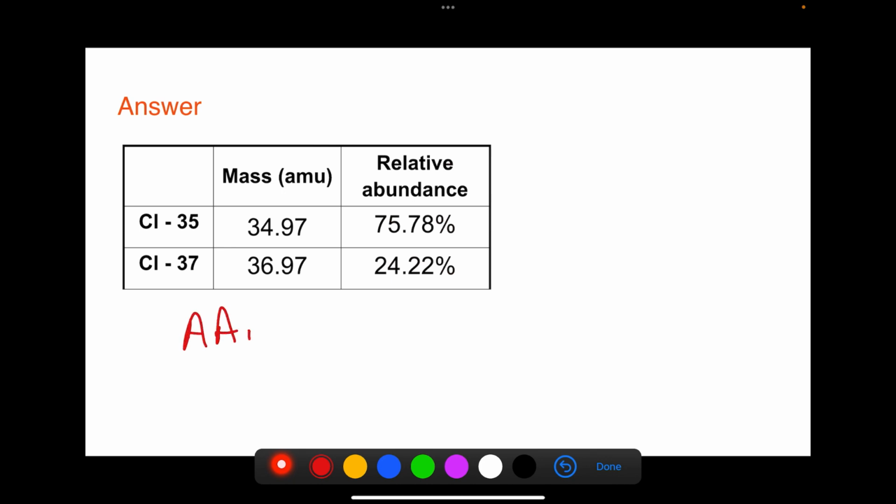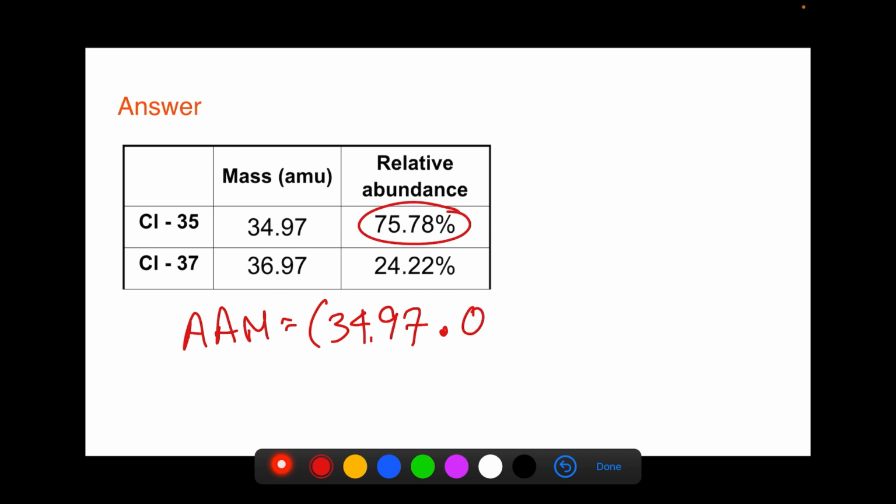So our average atomic mass is going to be equal to the mass of the first isotope, which is 34.97, times the abundance of the first isotope. Remember, this must be converted to a decimal, otherwise you'll get an absurdly large answer. And we're going to add that to the mass of the second isotope times its abundance converted to a decimal.